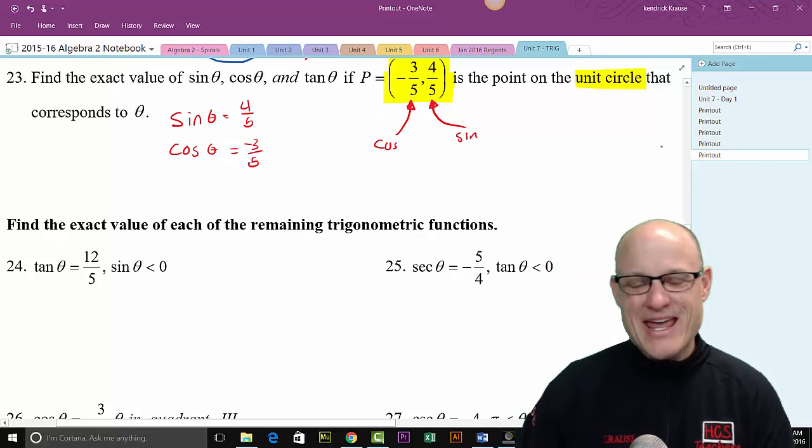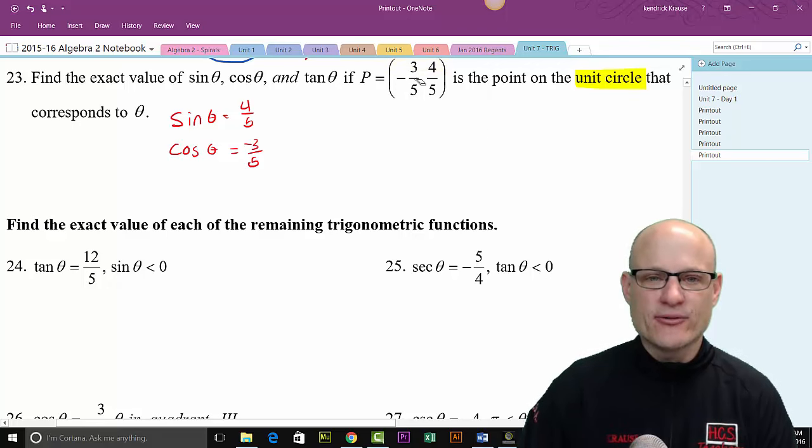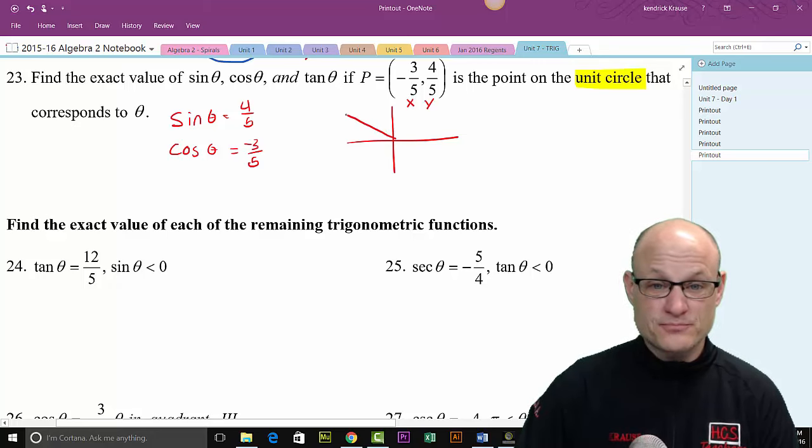So here's how you find tangent. Well, first of all, you got to decide what quadrant you're in. What quadrant are we in when x is negative and y is positive? That would mean we are in quadrant 2. Here's my angle. Now, cosine is 3/5, sine is 4/5. So we're in this quadrant, 3/5, 4/5.